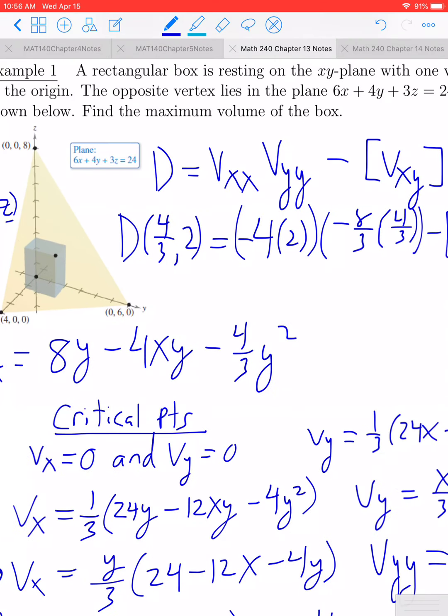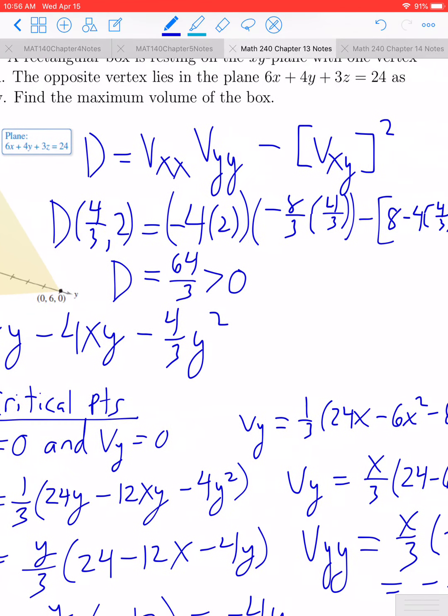I'll leave this computational part up to you, but if you calculate D, it will end up being equal to 64/3, which is greater than 0. So this is the case where D is greater than 0, and in addition, what we also need to know is the sign of Vxx.